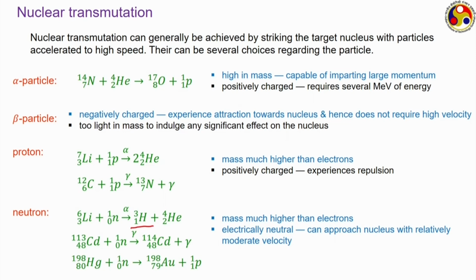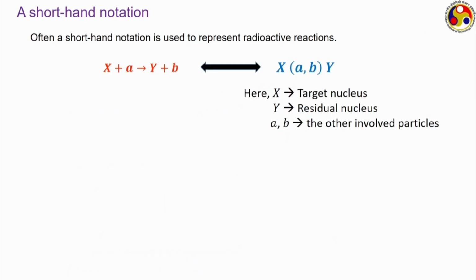Cadmium also can absorb one neutron, leading to formation of another isotope of cadmium, and this particular reaction which we have discussed earlier also, mercury nucleus being struck by a neutron, leading to the formation of gold nucleus and also ejection of one proton. So, neutron is the most preferred particle which we generally use for artificial transmutation.